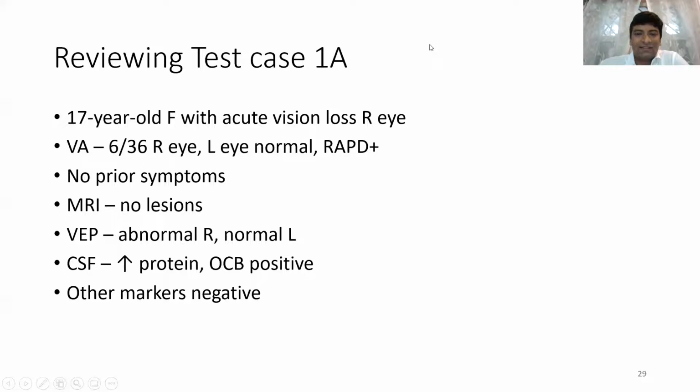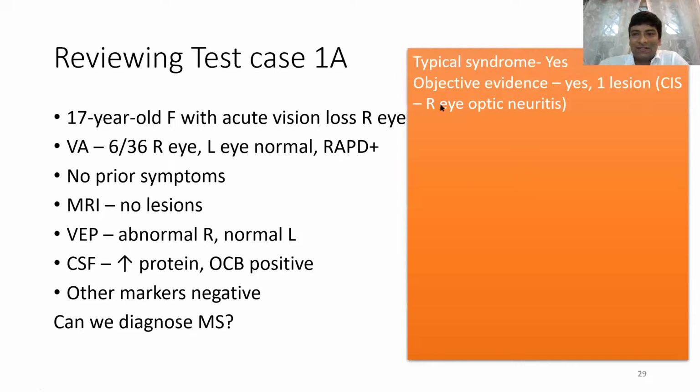Okay, so thanks for answering. Let's look at that again closely. Is it a typical syndrome? Yes, optic neuritis is a typical syndrome. There is objective evidence of clinically isolated syndrome, right eye optic neuritis, but there is no dissemination in space because you've only got objective evidence of optic neuritis.